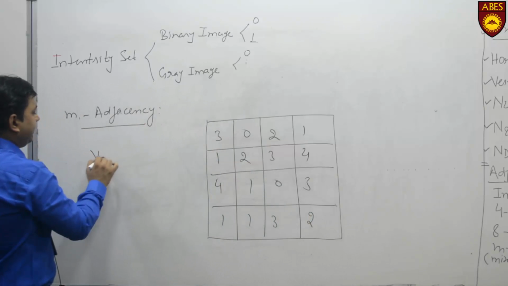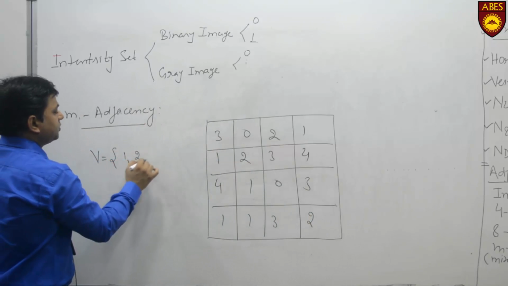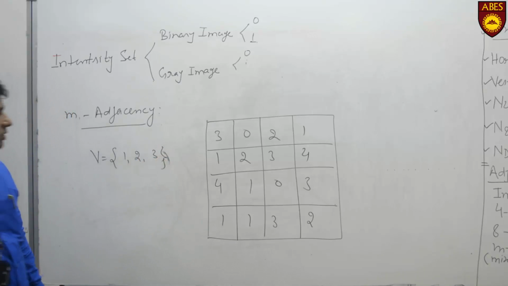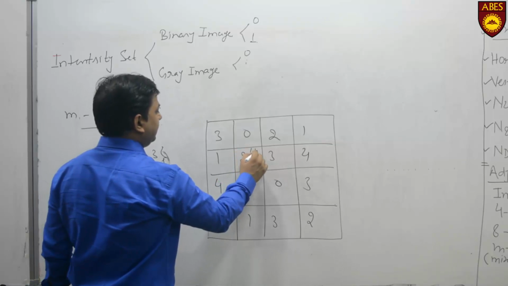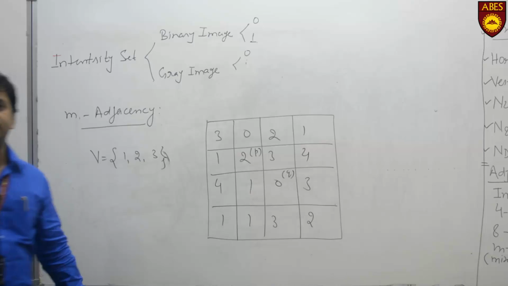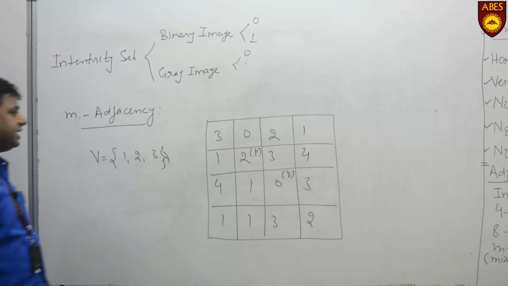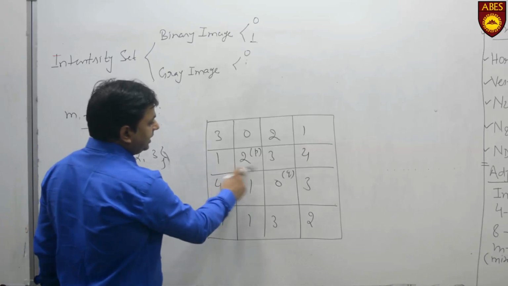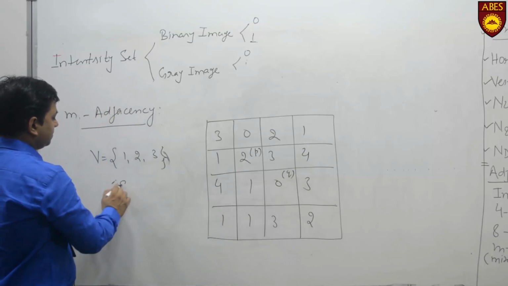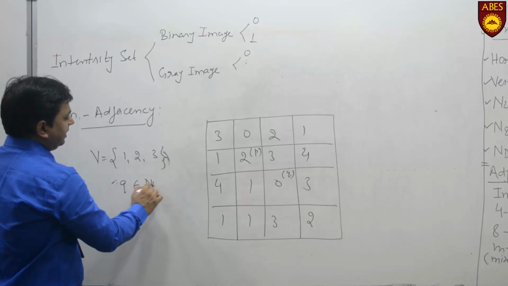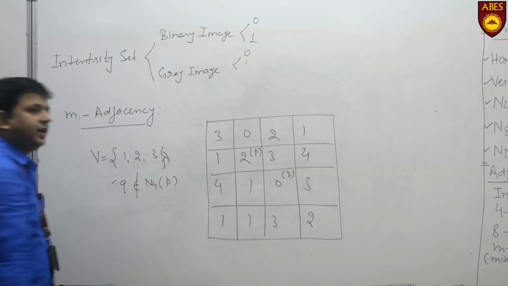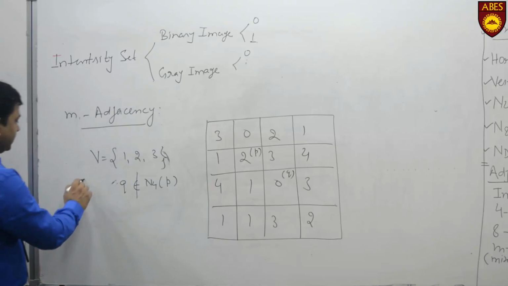And the given value set V equals 1, 2, 3. And I am interested to find out the relation between the pixel P and suppose this is Q, and I want to check whether this is M adjacent or not. So what I will check first, whether the Q belongs to N4P. So this does not belong to N4P. So first condition is false.